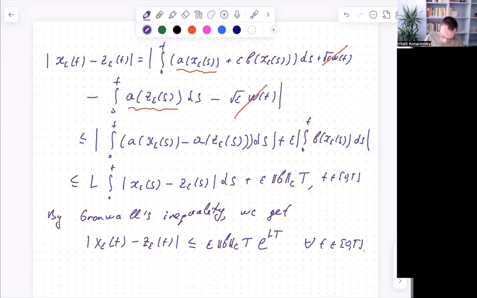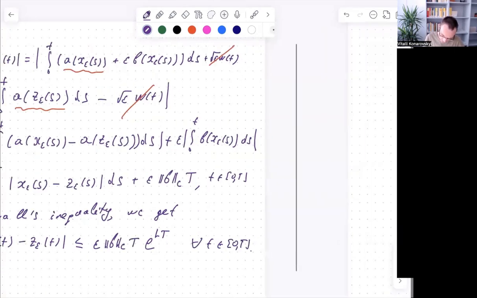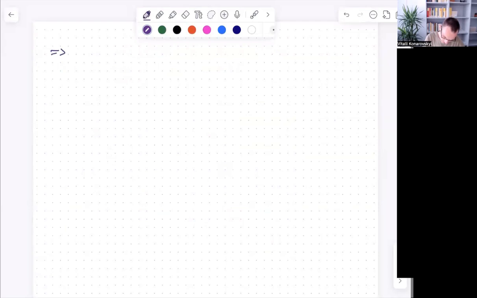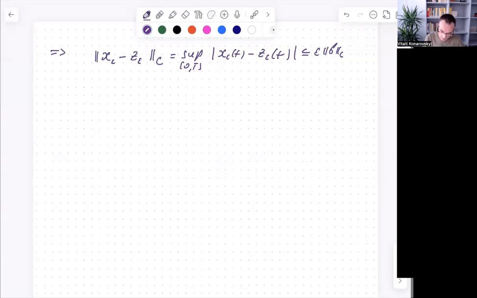And now, taking the supremum over small t, we will obtain that the supremum norm of X epsilon minus Z epsilon in C, that is the supremum over 0 to capital T of the absolute value of X epsilon of t minus Z epsilon of t, is less or equal than epsilon times the norm of b times e to the power L T, where this is some constant.